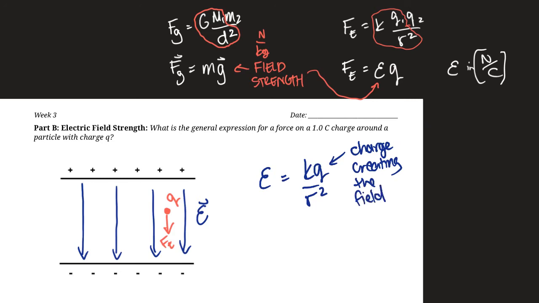But the useful relationship we have is that the electric force, and this is a vector, is equal to epsilon times the charge that you're putting in that field. So there we go. That's a simpler calculation, if we know the field strength, than using Coulomb's law. And again, the unit for field strength is newtons per coulomb.